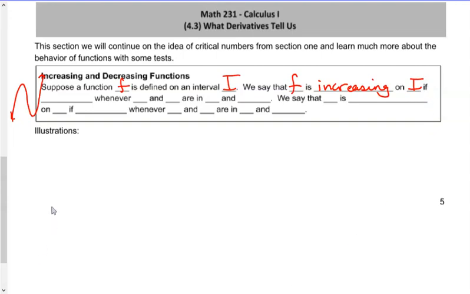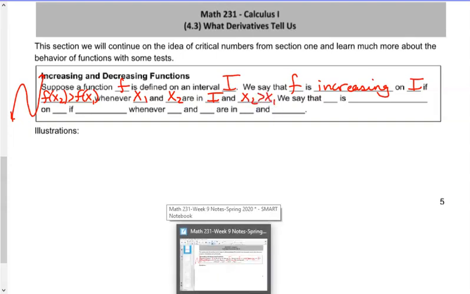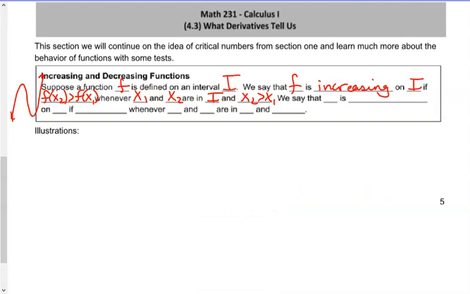We say that f is increasing on I if f of x sub 2 is greater than f of x sub 1 whenever x sub 1 and x sub 2 are in the interval and x sub 2 is bigger than x sub 1. So basically, as I move to the right and get larger, the function values get larger when we are increasing.